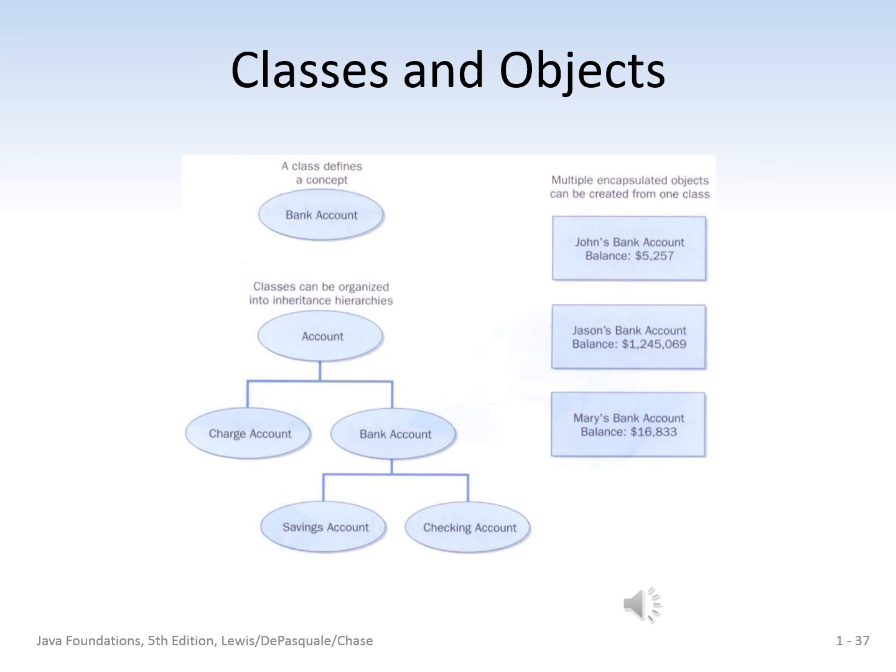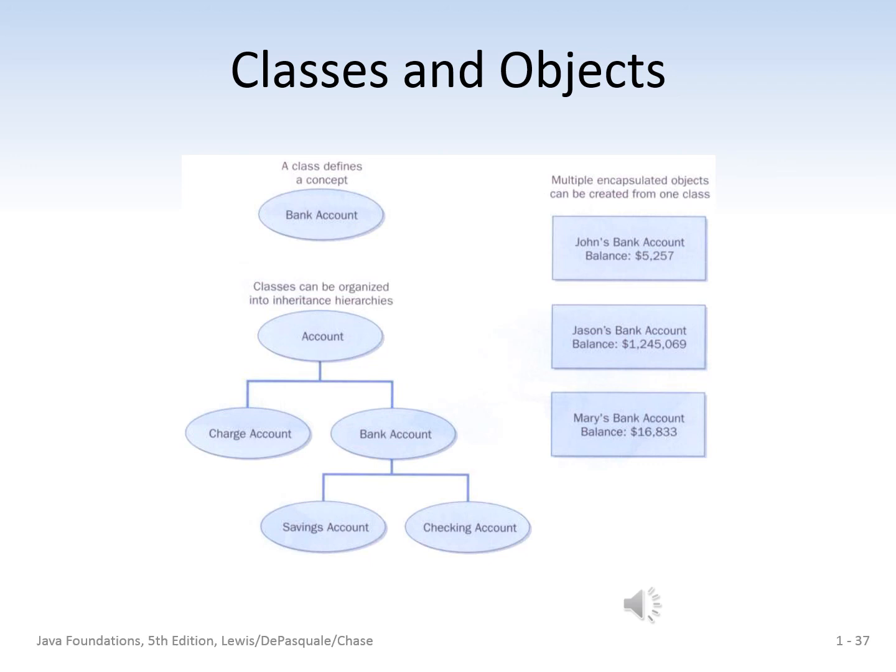Here, in our final slide of this audio lecture, we see a graphical depiction of classes and objects and the hierarchy that can exist between classes. So a class, such as a bank account, defines a concept.